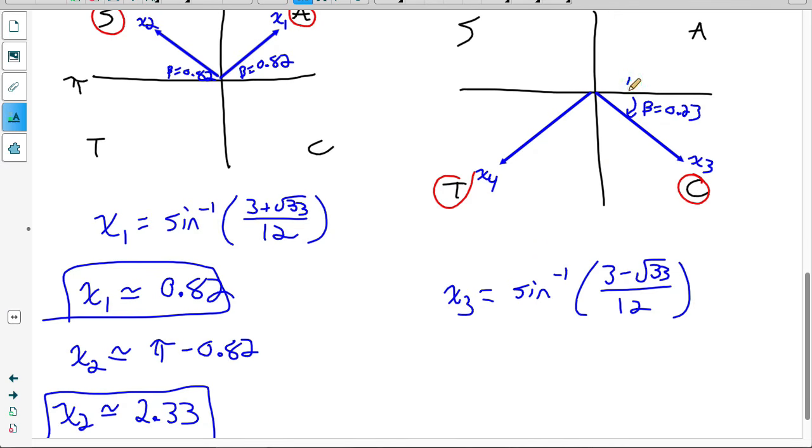But what is the angle from here all the way around to here? That's the actual angle 3 that I want for my answer. So what I need to do is I need to know that if this is negative 0.23, I can get a coterminal angle to any angle I want if I just add the period, if I rotate 2 pi radians, right? If I'm here and I rotate 2 pi, I'm right back to where I started. So all we have to do is add 2 pi to that negative angle.